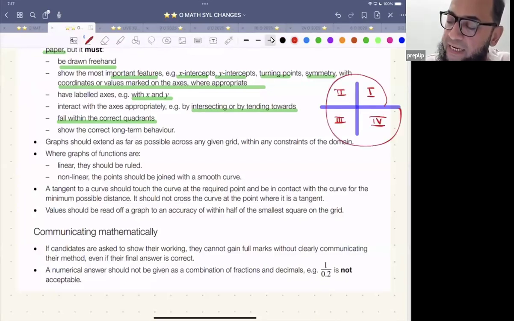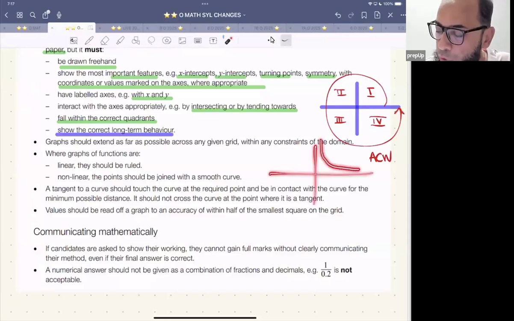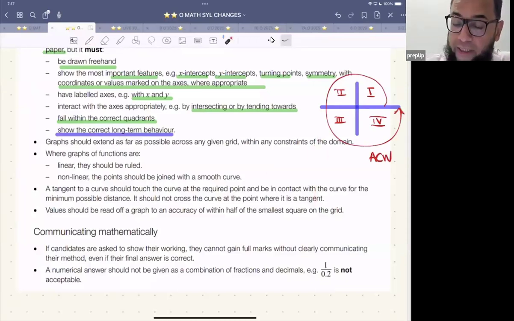We label it anti-clockwise and we should know exactly where the graph is falling. Show the correct long-term behavior. That means if it's approaching the x-axis like this, it would go like this. Approaching the y-axis, it could go like this.